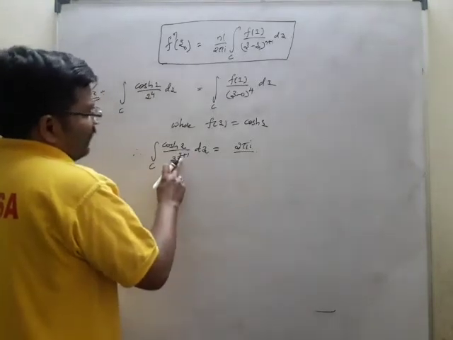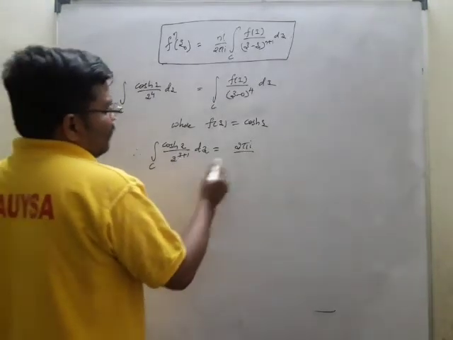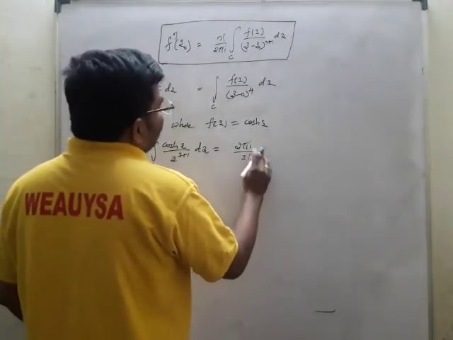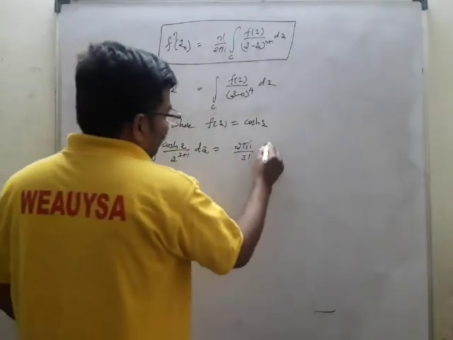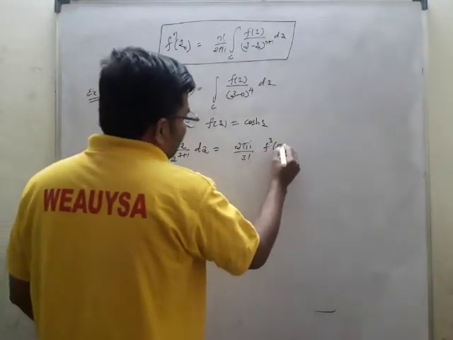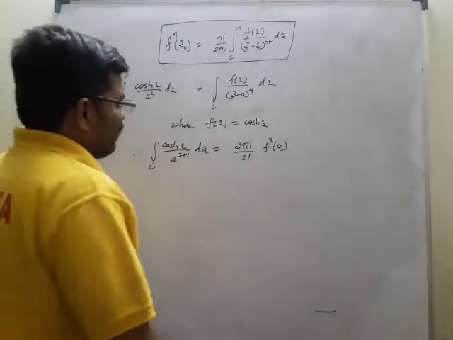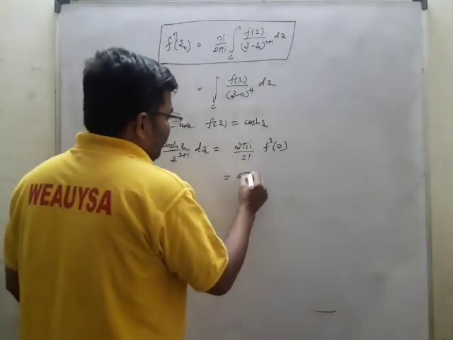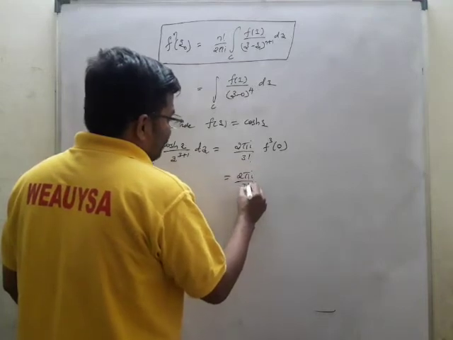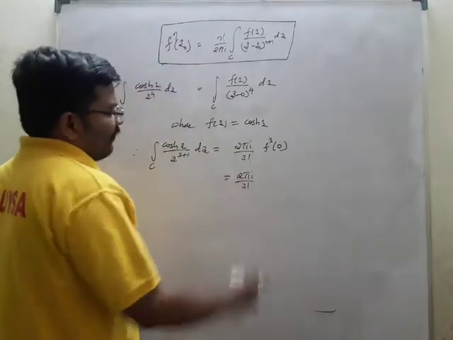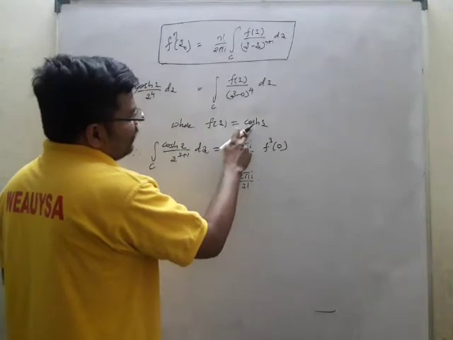So n is nothing but 3. So therefore 3 factorial into f power 3 of 0. In the place of z naught there is 0. So this is 2 pi i by 3 factorial into f power 3 of cos hz.